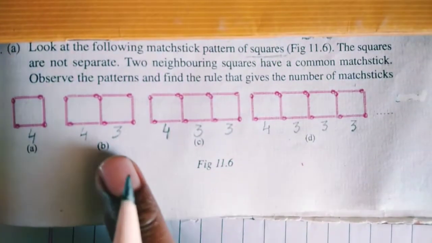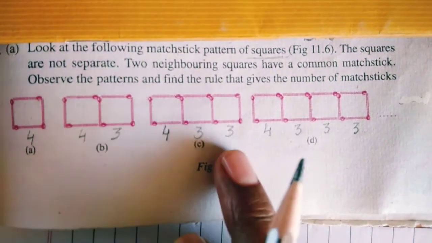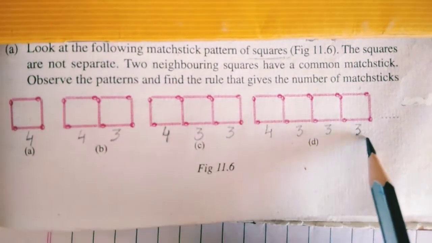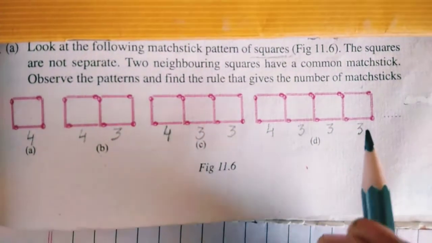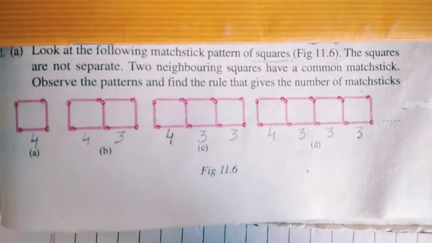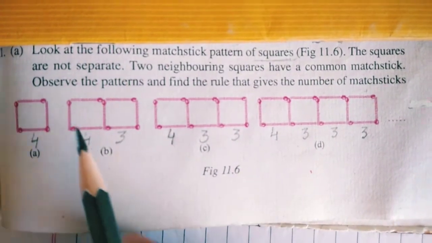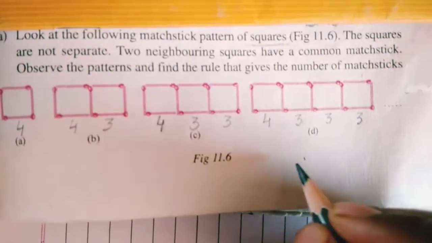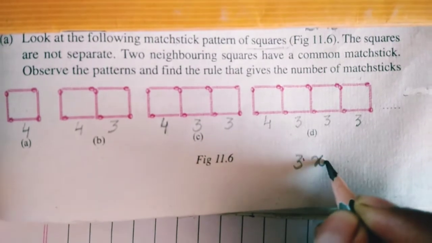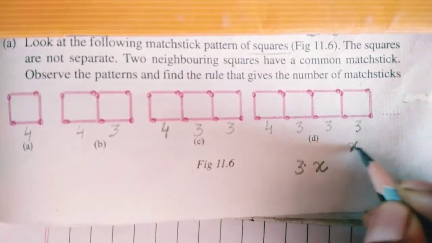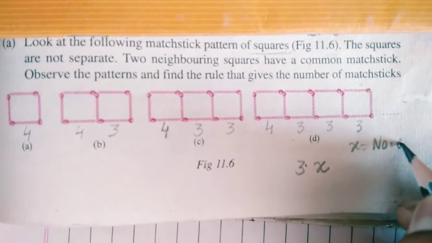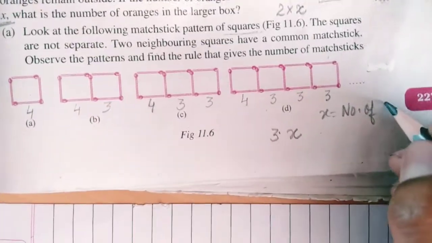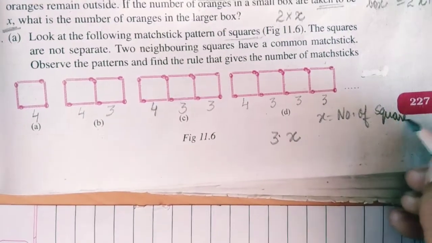So what is common in each square? Each square is increased by 3 matchsticks. So every time we need 3 matchsticks to increase the number of squares. So 3 into x, where x is the number of squares.